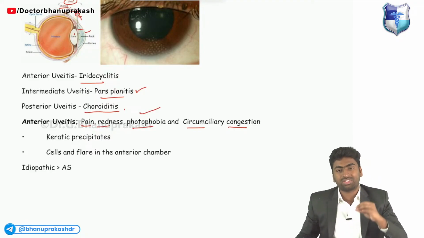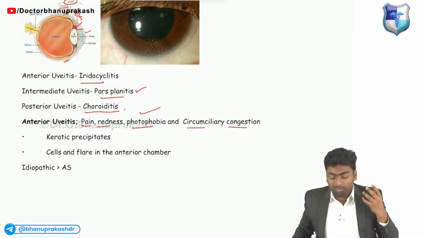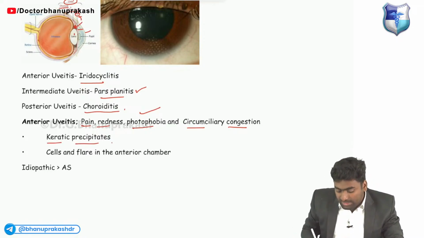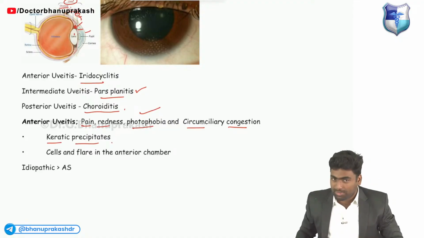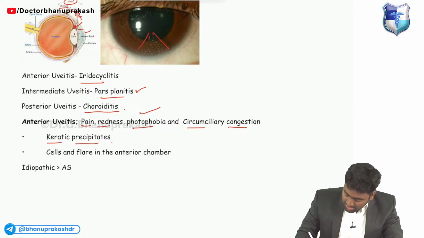On evaluation, the anterior part is a pain sensitive area, so they will complain of more pain in anterior uveitis. In a case of anterior uveitis, while doing examination, you will see this type of arrangement of precipitates, known as keratic precipitates.